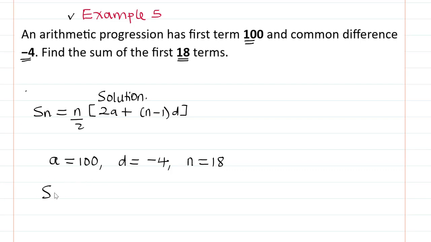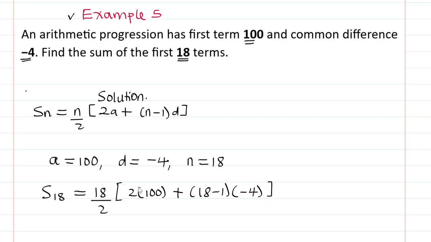So the sum of the first 18 terms, because our n is 18, S18 becomes 18 over 2, into 2 times a, which is 100, plus n, which is 18, minus 1, times d, which is -4, and then you close.